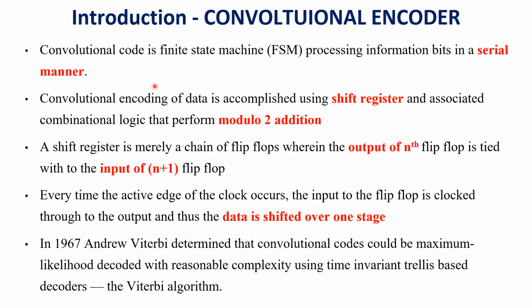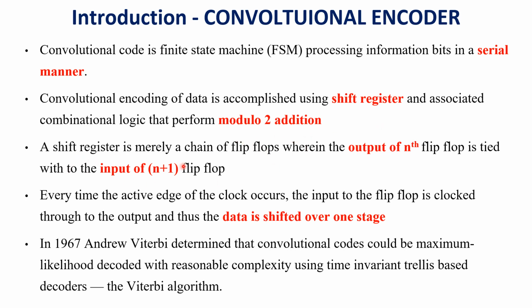It is a finite state machine processing information in a serial manner, and convolution encoding of data is accomplished using a shift register when we are operating serially. So we use a shift register, and modulo 2 addition is performed here.